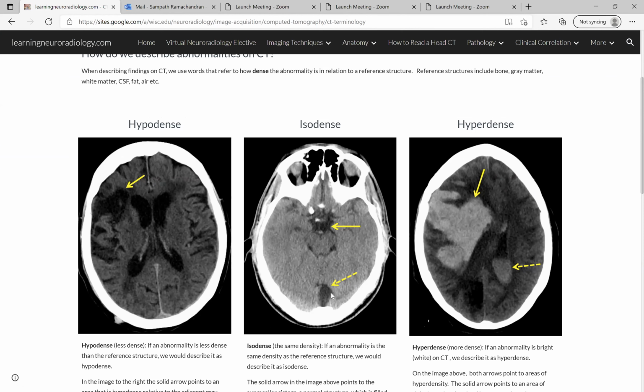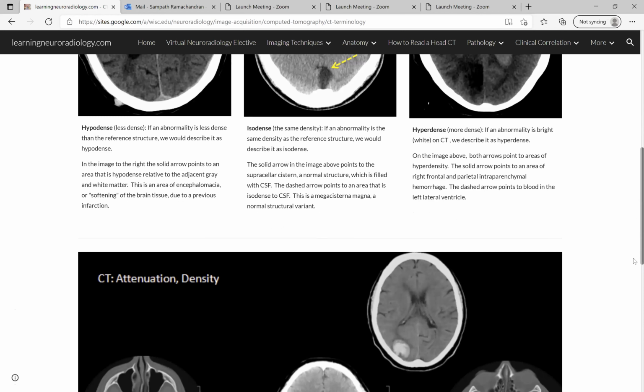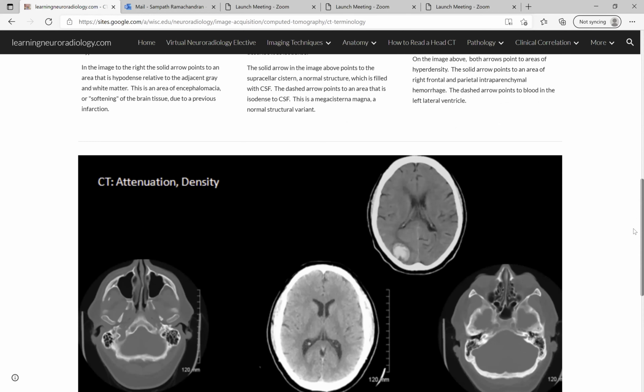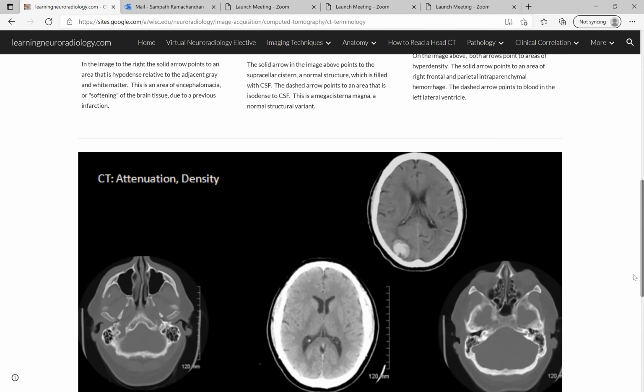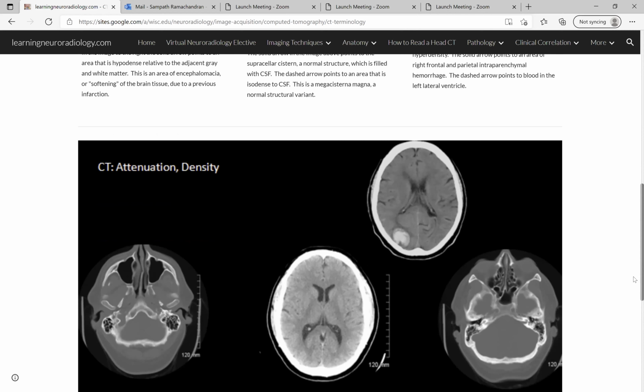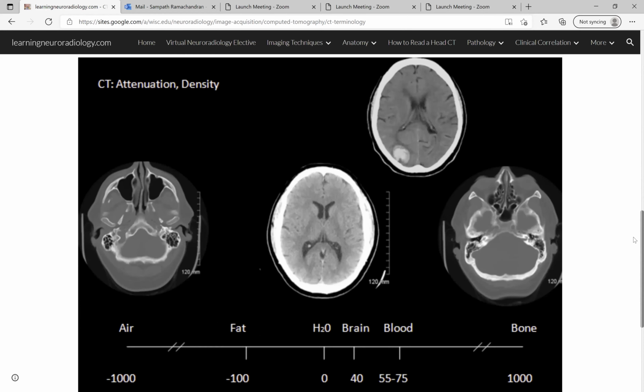And hyperdense is higher in density compared to the rest of the brain. That gives you a brief understanding of the terminology we use in CT. We also talk about attenuation, which is the same way of talking about hyperdense and hypodense, in a different format.